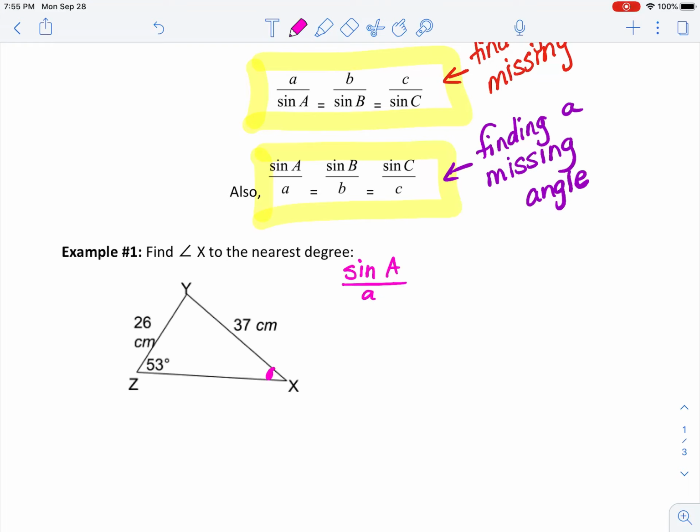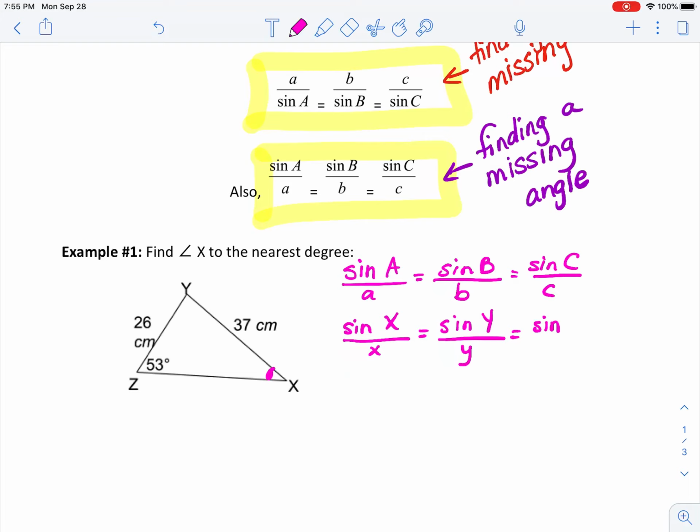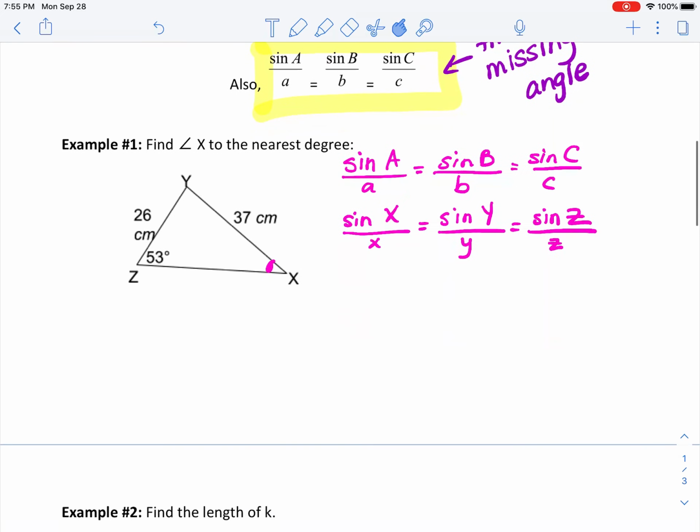I'll use it with these letters first, and then we'll change up the variables because we don't have A, B, and C, and that's okay. We have x, y, z. So sine x over little x equals sine y over side y equals sine z over little z. I like to put a little line through my z so it doesn't look like a 2. So there we go. Then we can just fill in all the information we know.